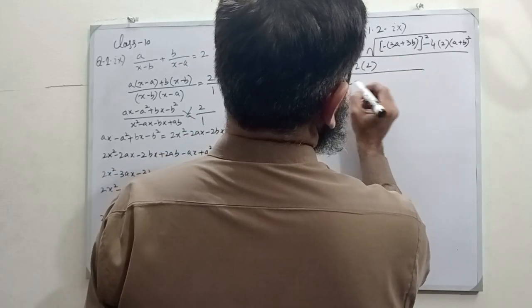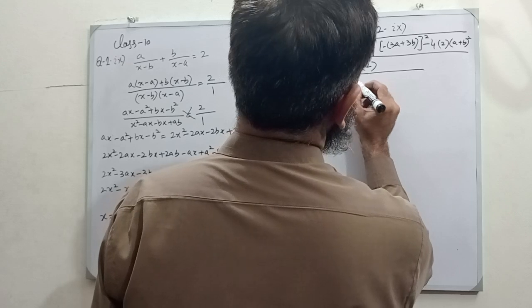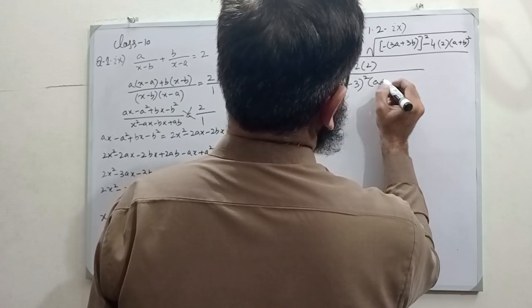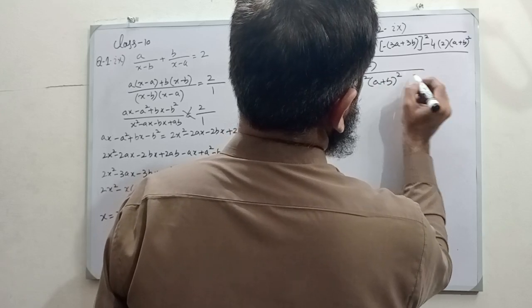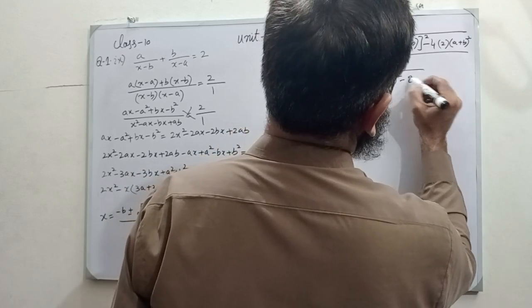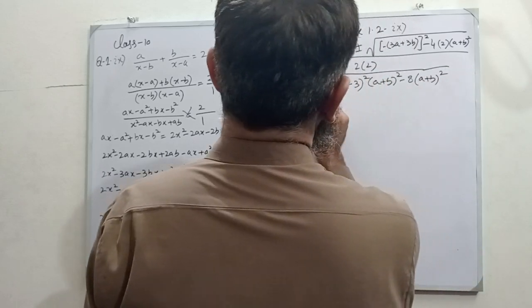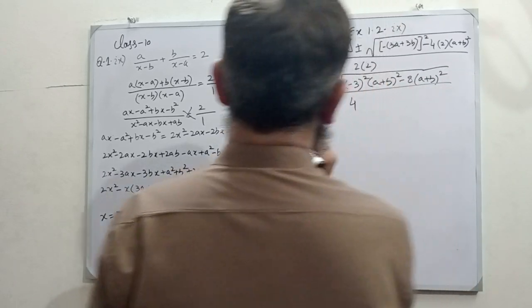So it can also be written as minus 3 whole square a plus b square minus 4 2s are 8 into a plus b whole square divided by 4.